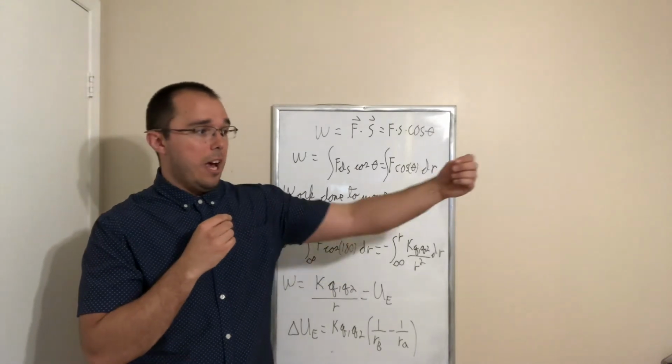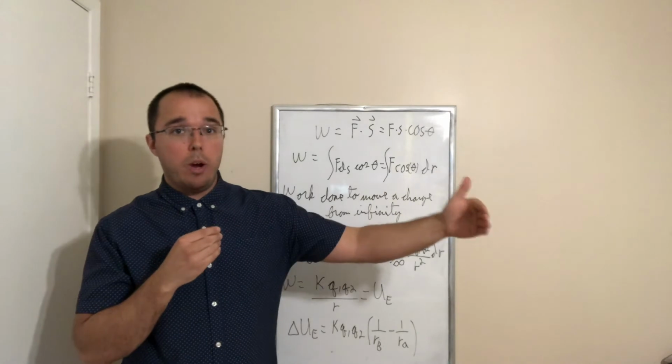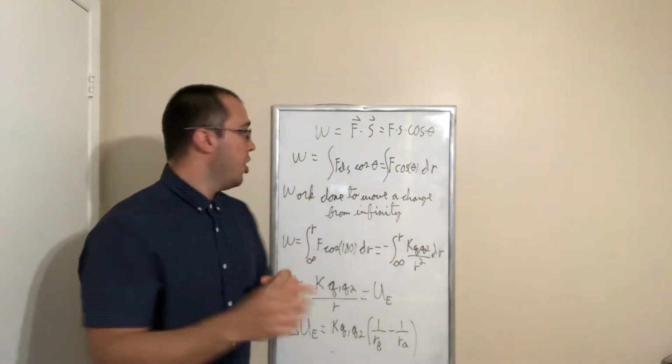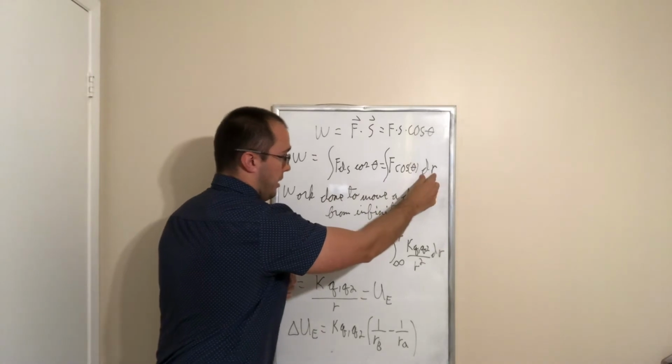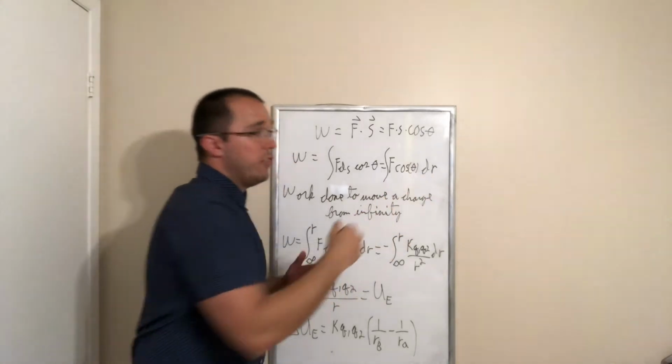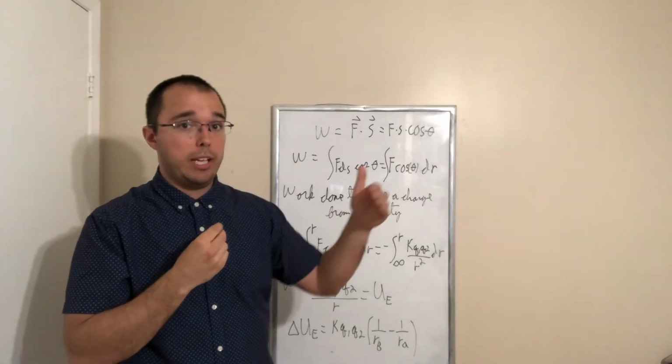In other words, are you approaching or moving away from the charge? That's all we care about. So we replace the ds by a dr, the change in the distance from the center of the charge to where you're bringing your second charge.